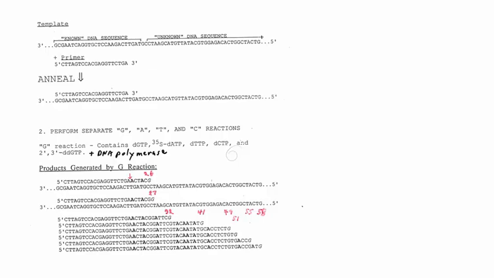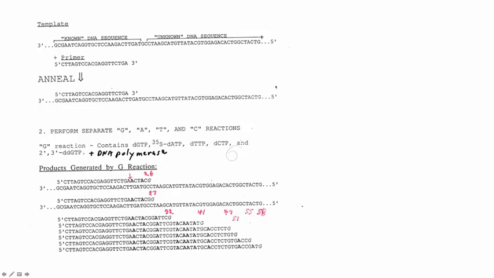So here's generally how it works. You have to have a known DNA sequence that is next to your unknown DNA sequence that you want to know the sequence of. And you make a primer. You make a short oligonucleotide stretch that will bind to your known DNA sequence.